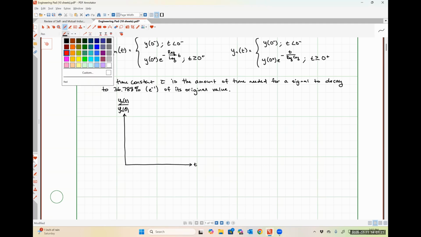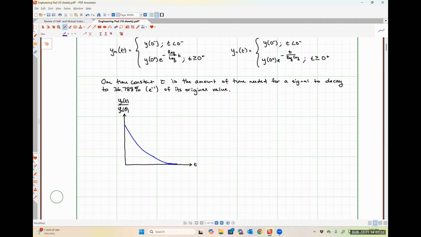We should have a curve exponentially decaying from 1 down towards 0 as we allow time to elapse. This point right here would be 1.00, and roughly right here would be 0.368. This would constitute one time constant, or tau.